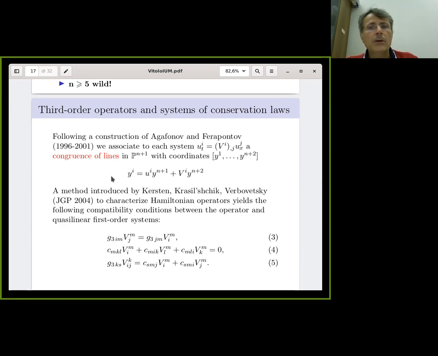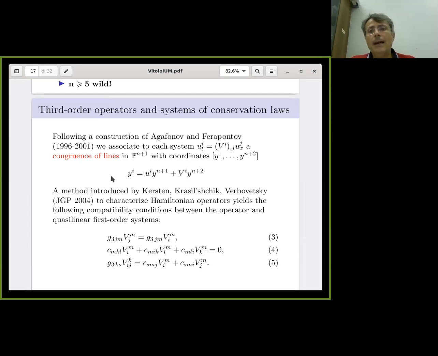This is interesting because, as I told you, third-order operators have a projective meaning. The systems of conservation laws have a projective geometric meaning. So we start to see the emergence of lots of projective geometry.